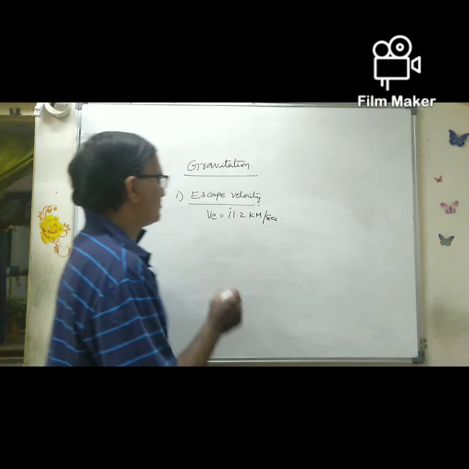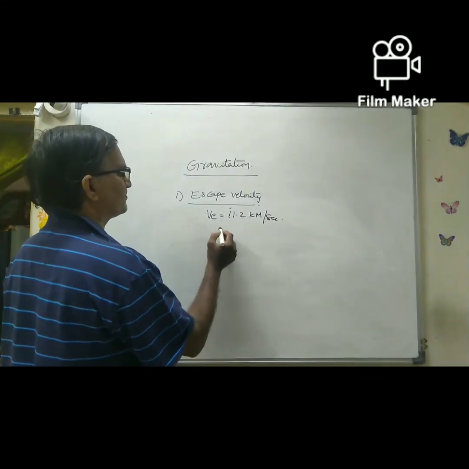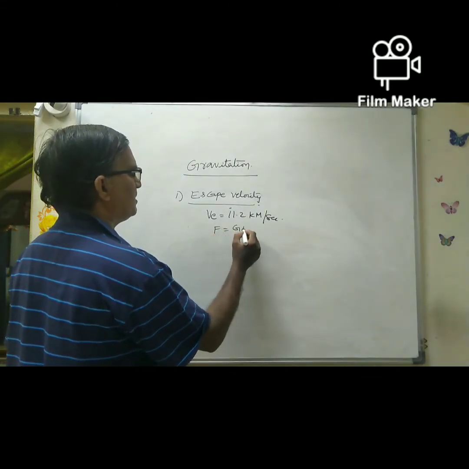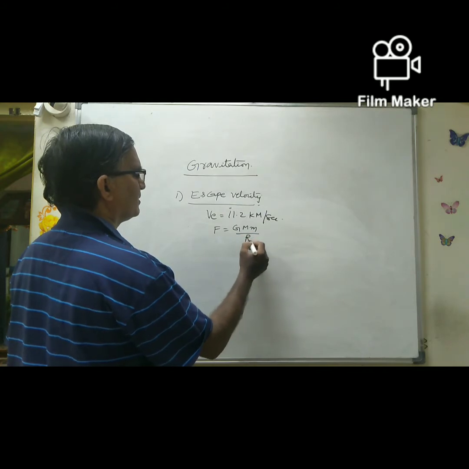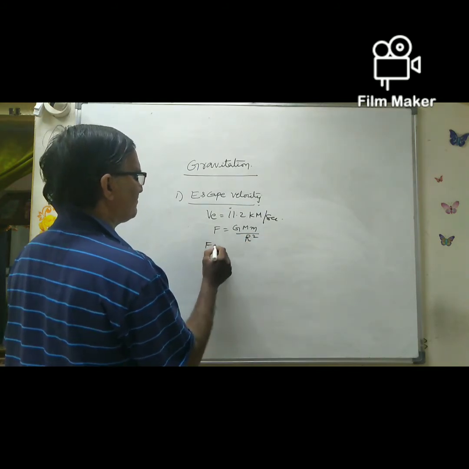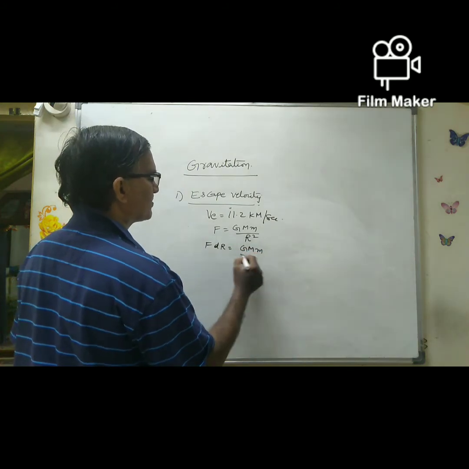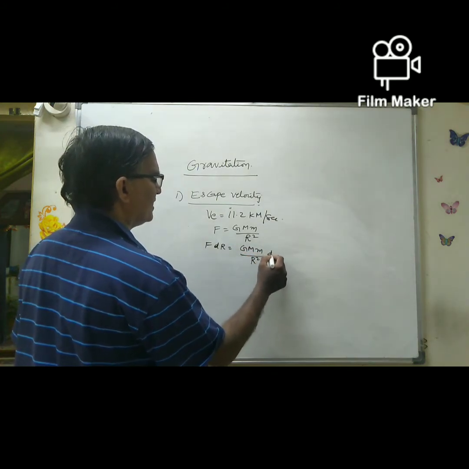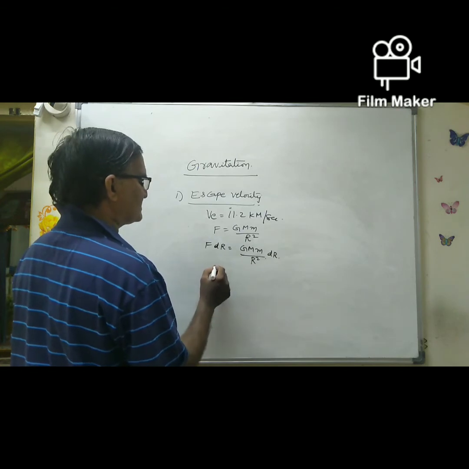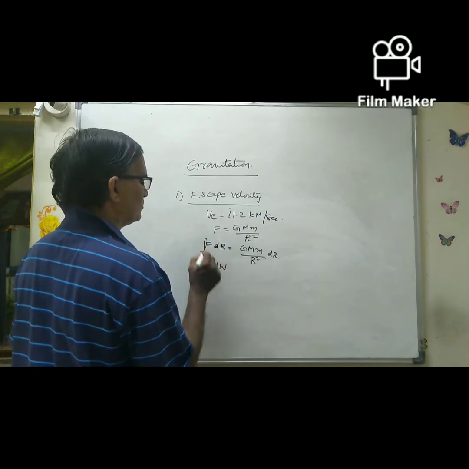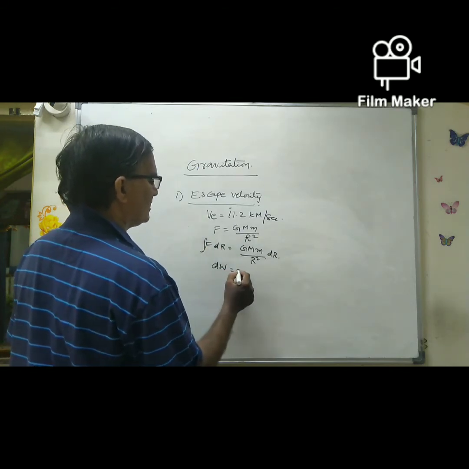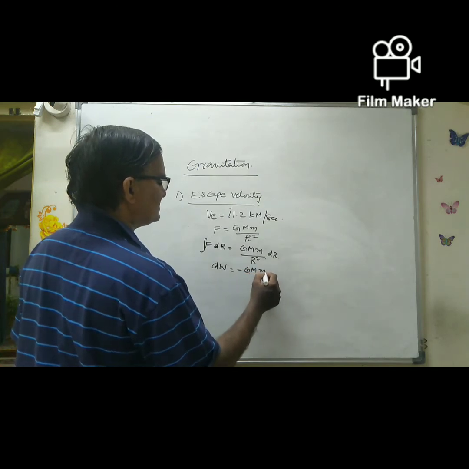Now suppose you have F is equal to GMm by r square. The body is displaced through a distance of dr. Then GMm by r square into dr. If you integrate, dW is F dr, so here you will get minus GMm by r.